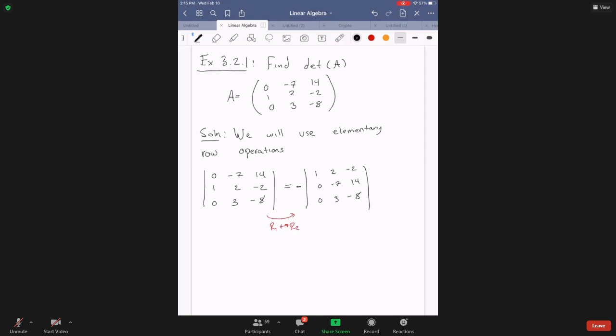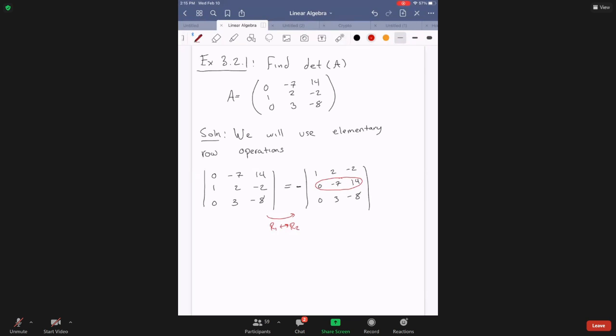Let's look at this row right here. Notice that I can factor out a 7 out of this row, right? And that will leave me with a minus 1 and a 2, right?